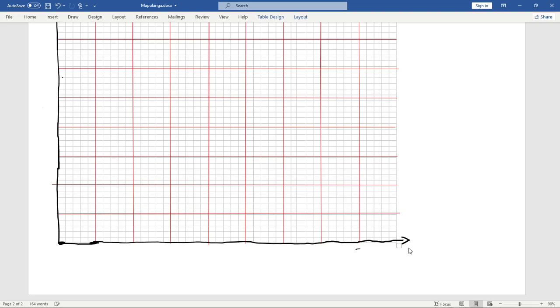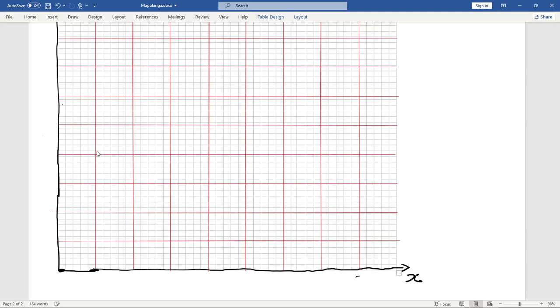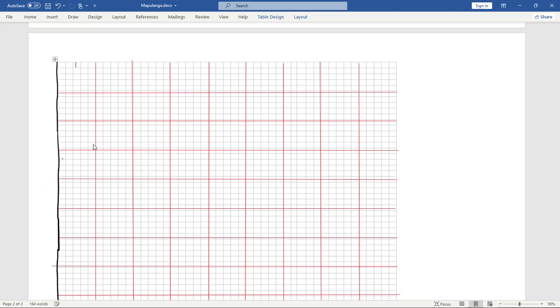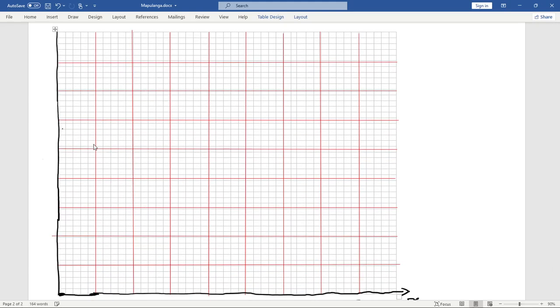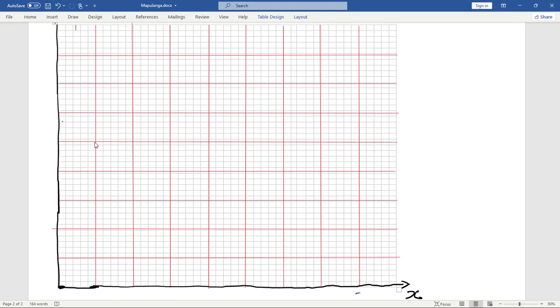Okay, right, like this here. So we have x there, and we have the y-axis this side here.